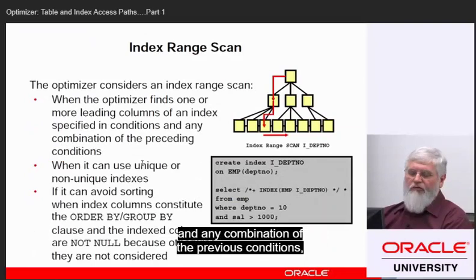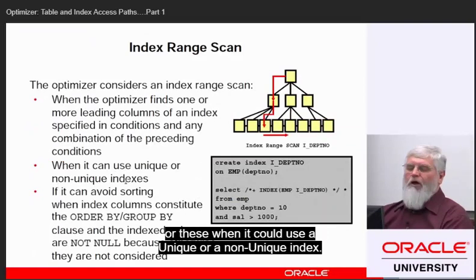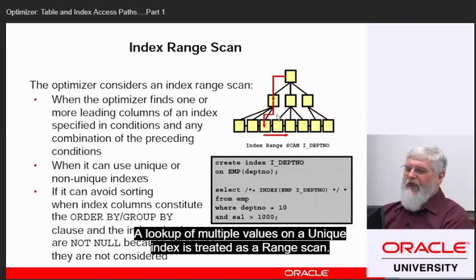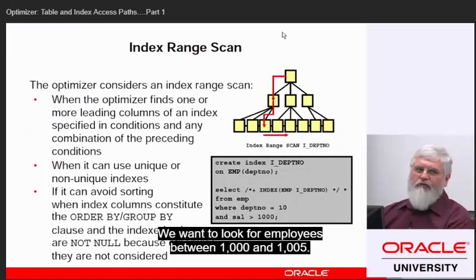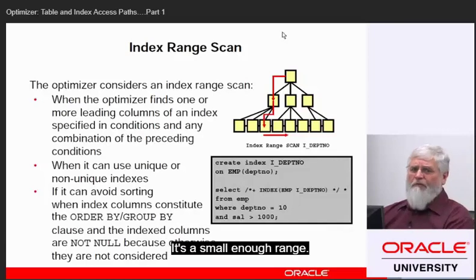A lookup of multiple values on a unique index is treated as a range scan. We want to look for employees between 1,000 and 1,005. If it's a small enough range, we can do a range scan on the unique index. Even if we're looking up a single value on a non-unique index, we treat it as a range scan, or if we're looking up multiple values.